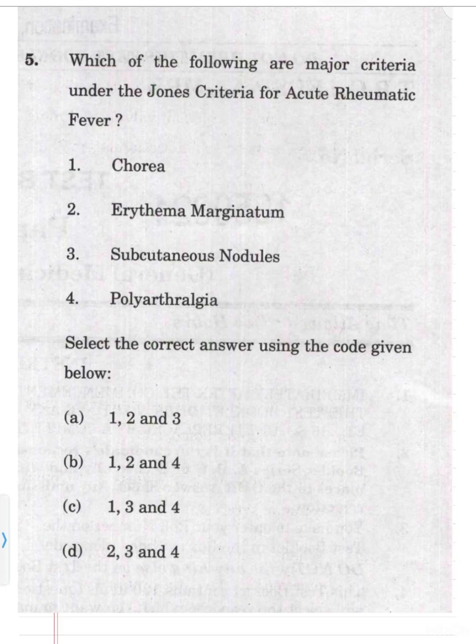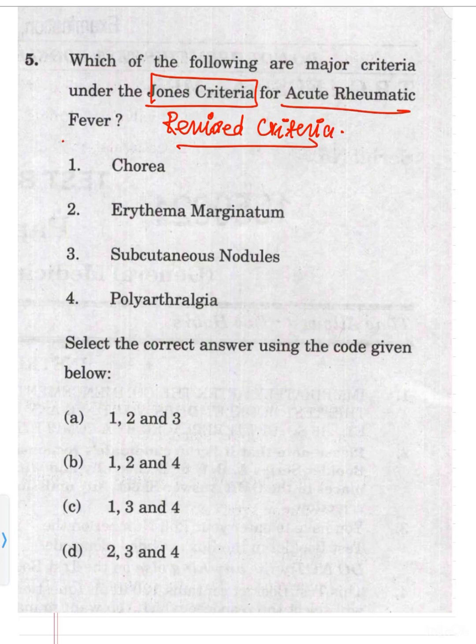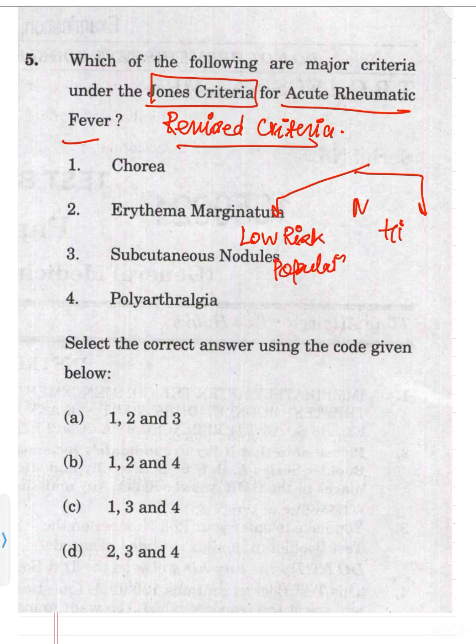Now coming to the fifth: which of the following are the major criteria in the Jones criteria for acute rheumatic fever? It should not be just Jones criteria, it should be revised Jones criteria. The Jones criteria is very primitive, but it is the revised Jones criteria for acute rheumatic fever. There are certain criteria to diagnose acute rheumatic fever, and these criteria apply to two populations: a low risk population, and a moderate to high risk population.